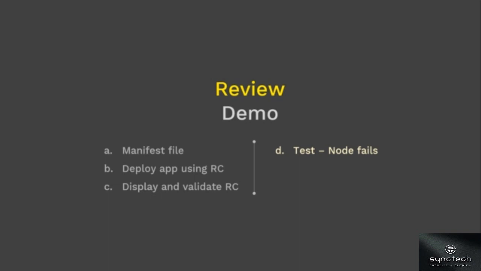First, we'll see what goes inside the Replication Controller manifest file. Then, we'll deploy the application using Replication Controller. After that, we'll display the Replication Controller to make sure it is created as per our expectations. Then, we'll start testing a couple of scenarios to make sure it is working as per expectations.